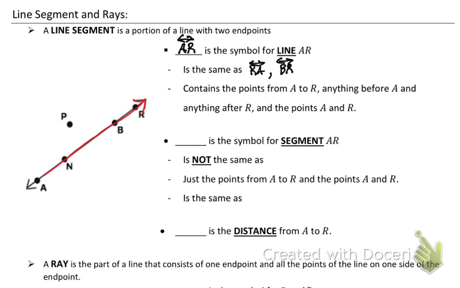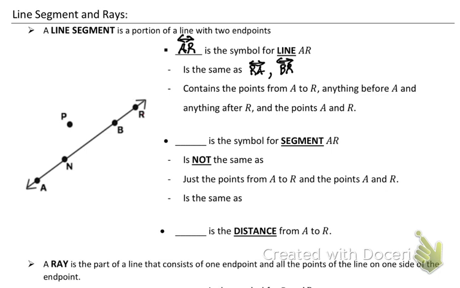BR almost looks like that line there, however, the arrow says that it covers all of this. So BR would be the exact same line. So would NB, so would BN, AN, NA, any 2 points create the exact same line. The only letter we can't use is P because it's not on the line. So a line contains the points A to R, anything before A, and anything after R, and the endpoints A and R.